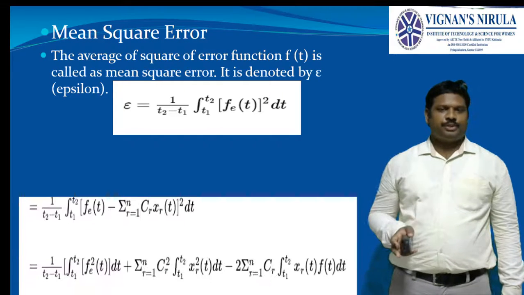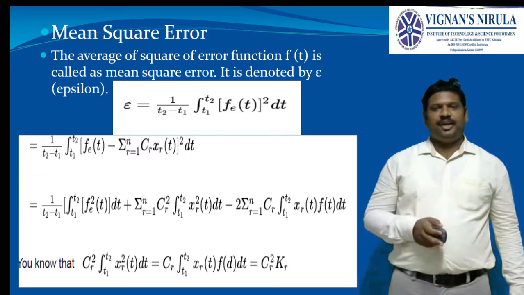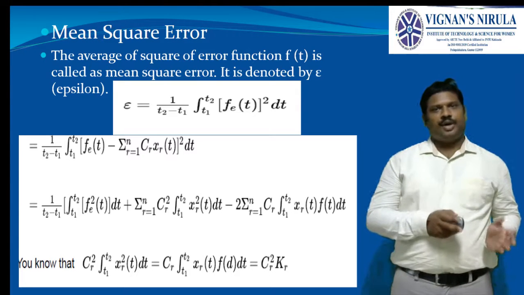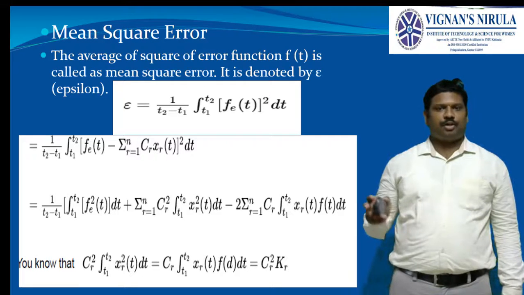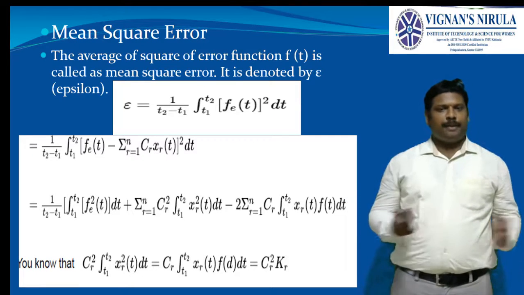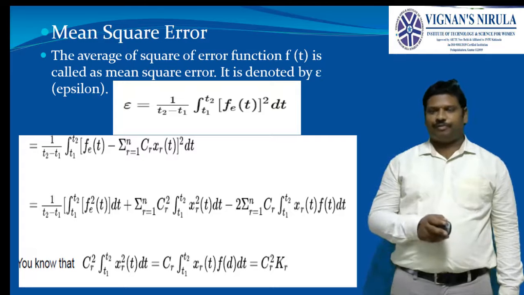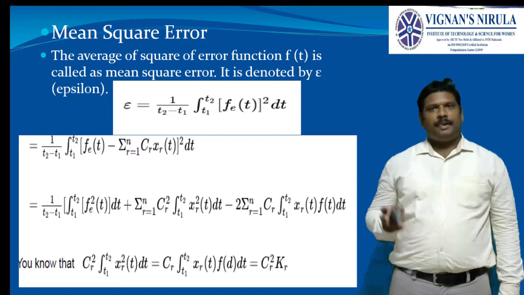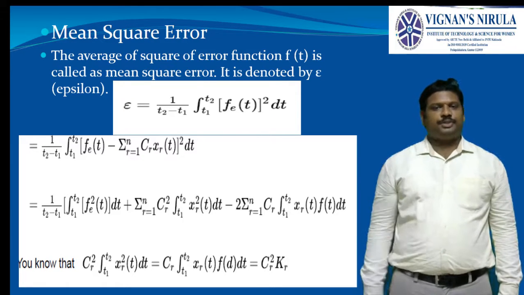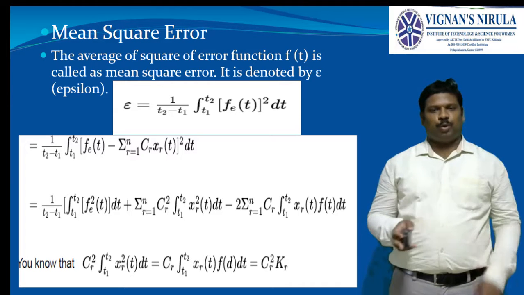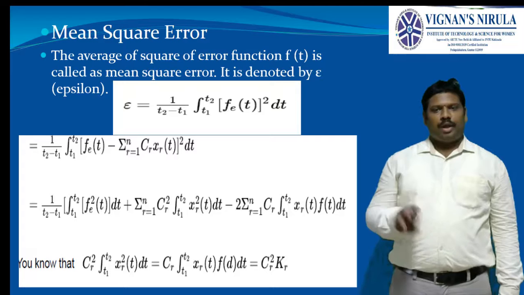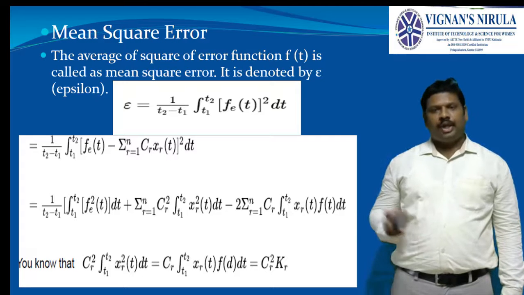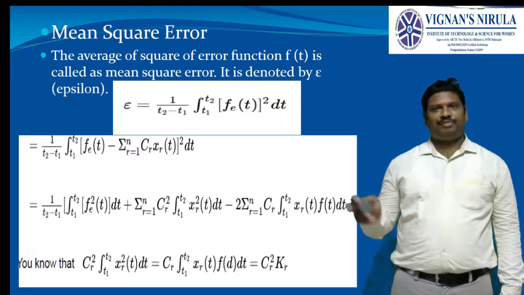square dt. Next, this particular f_e of t will be split as f of t minus summation r equal to 1 to n cr into xr of t, whole square dt. Again the a minus b whole square form: integral of f square of t dt, minus the second term, that is cr square into xr square of t dt, and the minus 2 into cr into xr of t f of t dt.